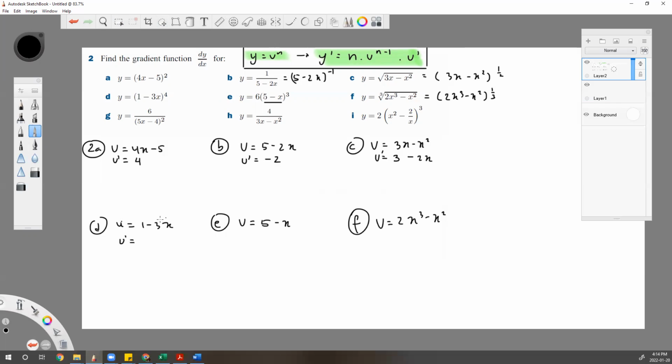U accent will be 1, 0, minus 3 itself. So this is a regular derivative. Negative 1, right? 2 times 3, 6x squared minus 2x power 2 minus 1, 2x itself. Okay, just write it down. Y accent equals, and n is 2.